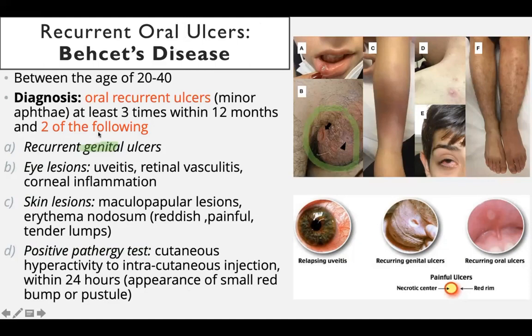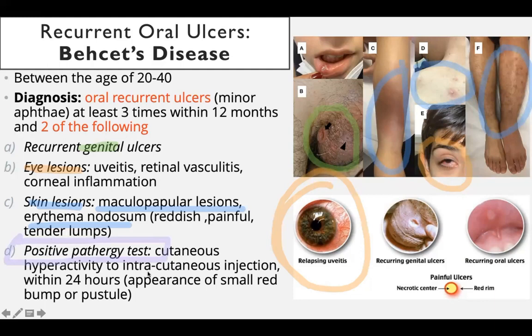And then we have eye lesions, here you can see. What do you mean by relapsing? Reoccurring. And then we have skin lesions, which are maculopapular lesions or erythema nodosum. Okay, perfect. And then finally, we will have positive pathology test.